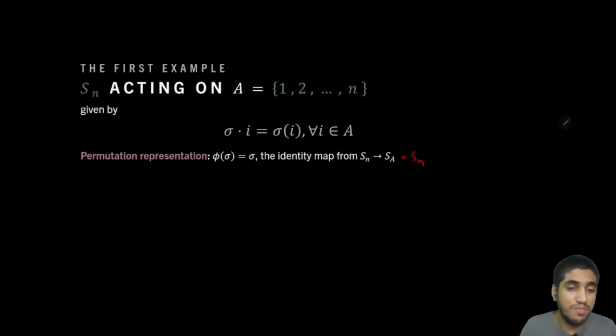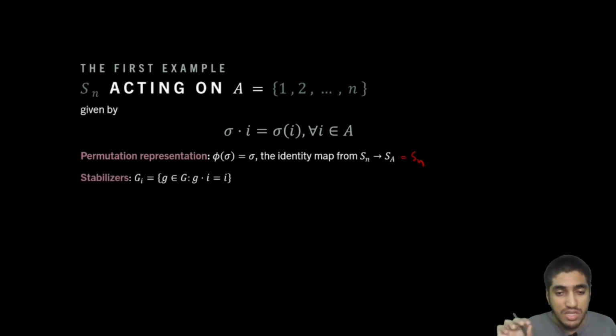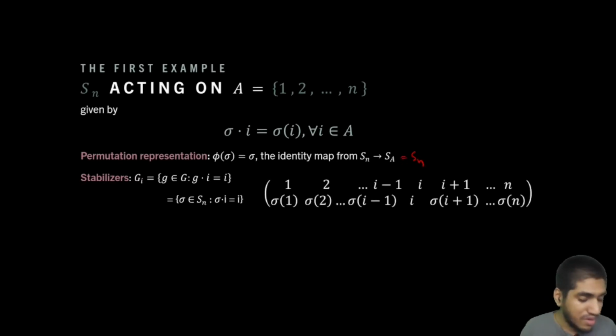Stabilizers for this group action will be Gi is equal to g belongs to G such that g dot i is equal to i. Here G is Sn, which contains all permutations. That is, stabilizer of i will be nothing but sigma belongs to Sn such that sigma dot i is equal to i. You look at the permutation, i fixes i. Rest of it are permuted.